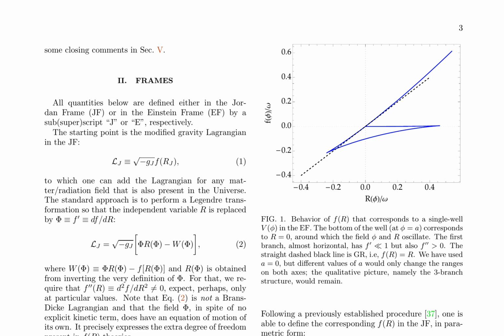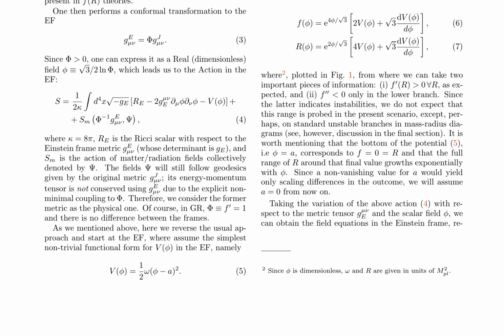The action becomes S = (1/2κ) ∫ d⁴x √(-g_E) [R_E − 2 g_E^μν ∂_μφ ∂_νφ − V(φ)] + S_m[φ⁻¹ g^E_μν, ψ], where V(φ) = (1/2) ω φ² is the potential for the scalar field φ, and S_m is the action for matter radiation fields denoted by ψ.